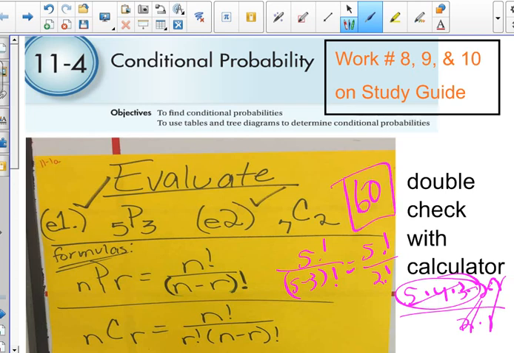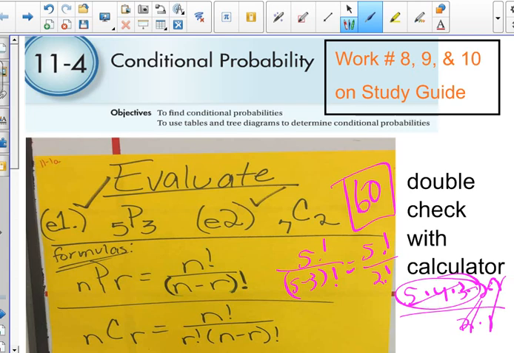So let's double check that on our calculator. So turn it on, and we learned how to do the permutations and combinations on here. So you're going to go clear. To clear your whole calculator, hold the on button and hit your clear button, and it will say memory cleared.